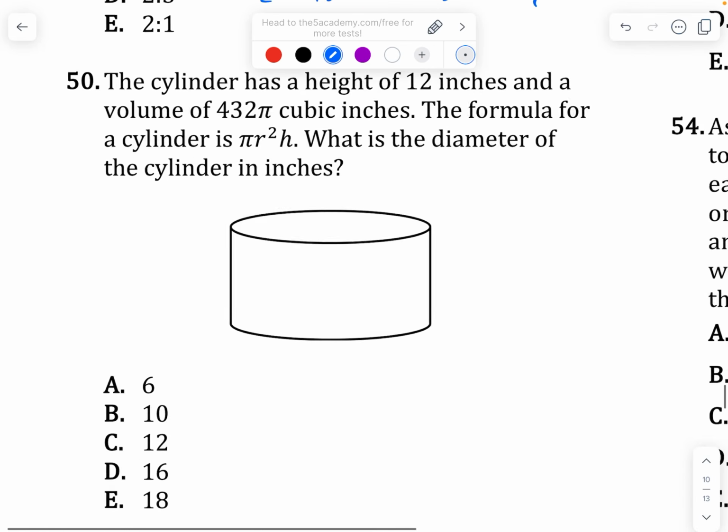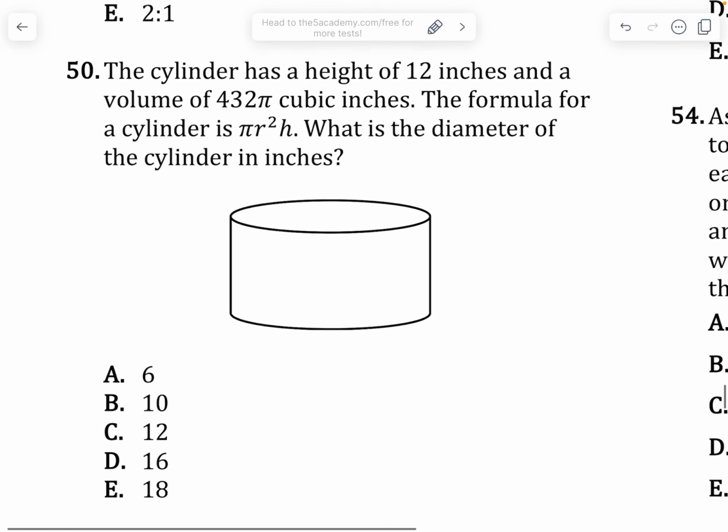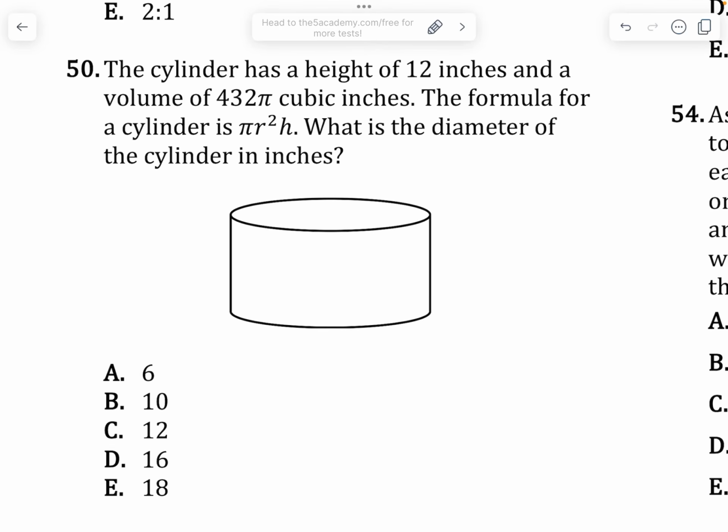The cylinder has a height of 12 inches and a volume of 432 pi cubic inches. The formula for the cylinder is this. That's the volume formula. What is the diameter of the cylinder in inches? Okay, so let's take our knowns. Volume is equal to 432 pi.